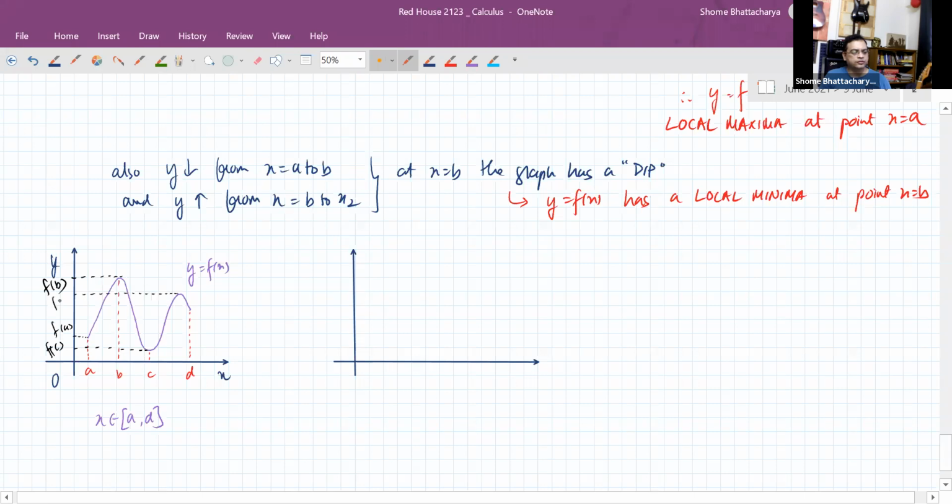This is f(C). And similarly, at this point, there is x coordinate D and y coordinate f(D). Note that in this function the range is from here to here.